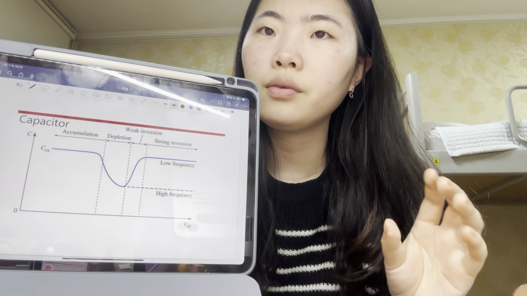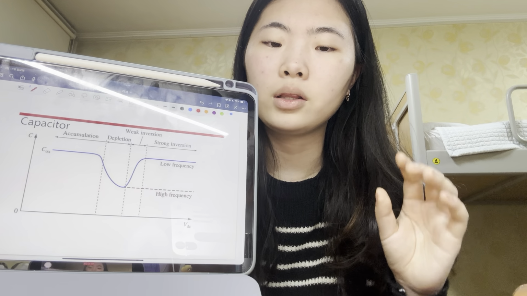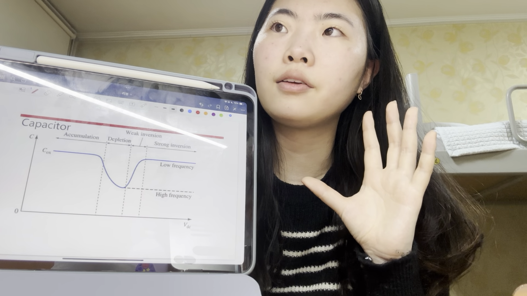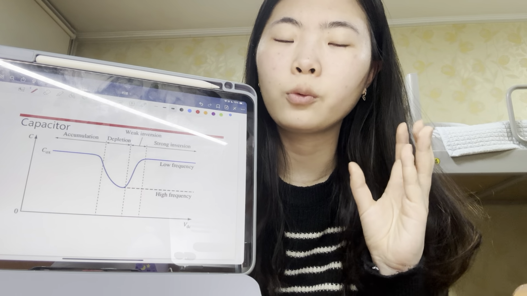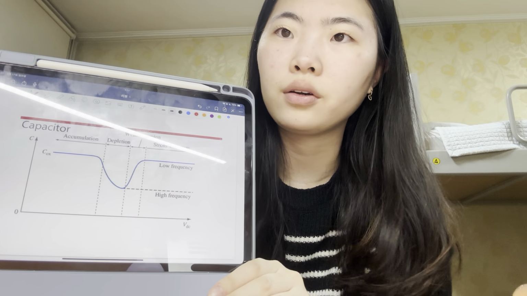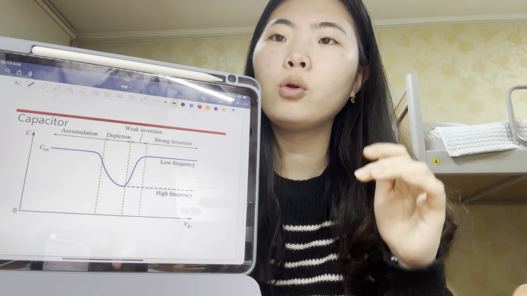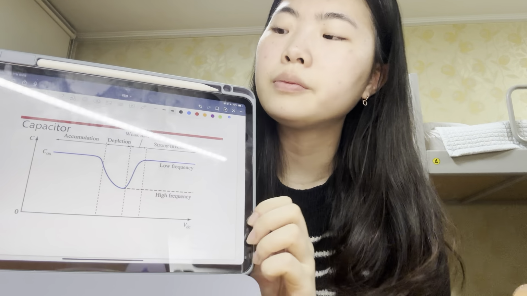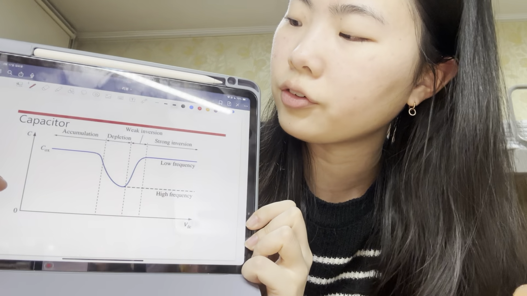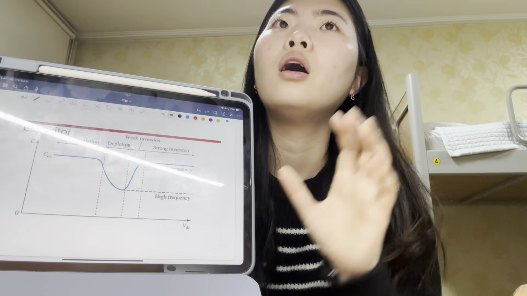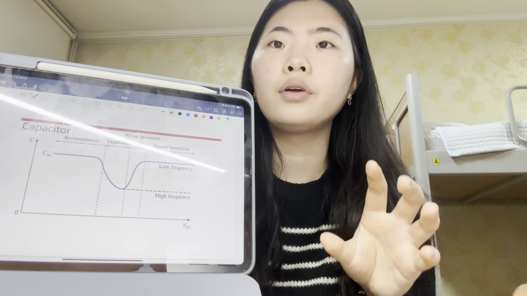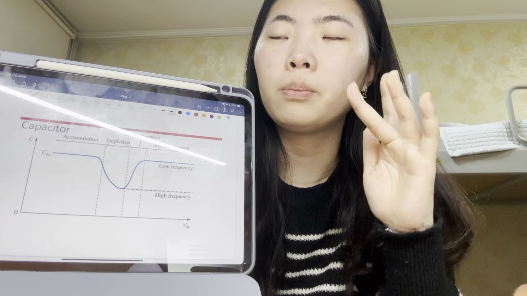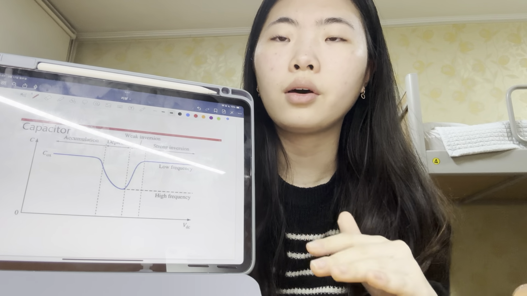Because of the oxide material, that device structure can work like a capacitor. So when we put some voltage to the gate, and the drain and source, first the carriers accumulate on the boundary between the gate and substrate.